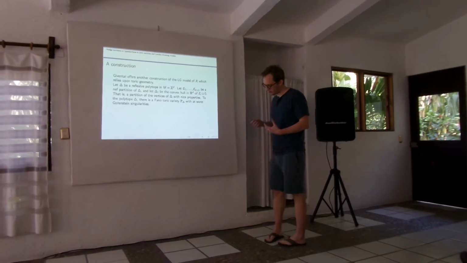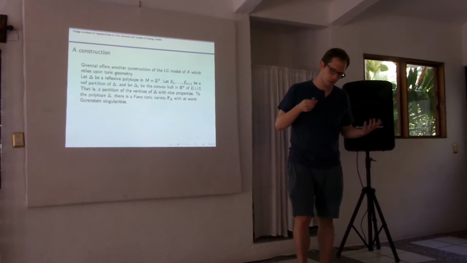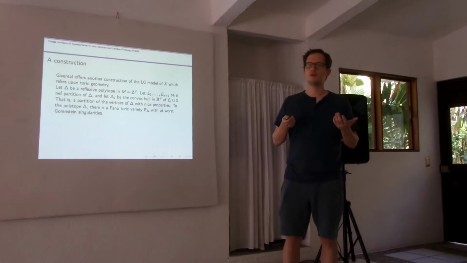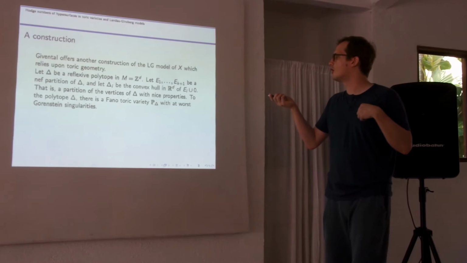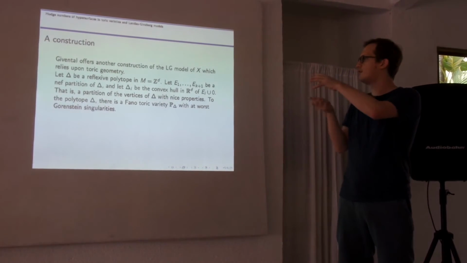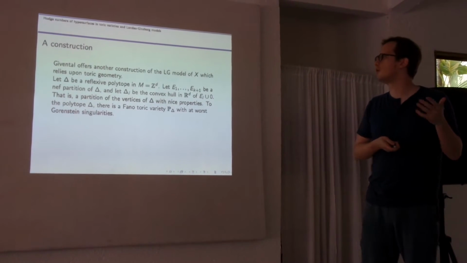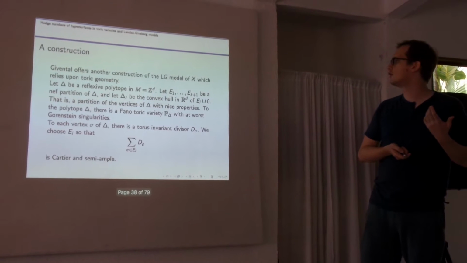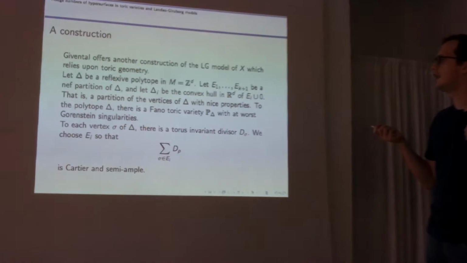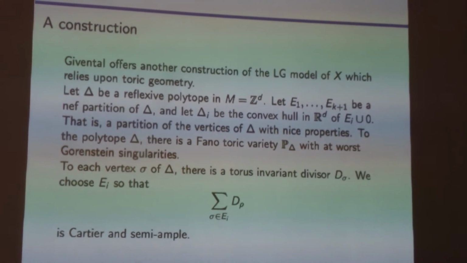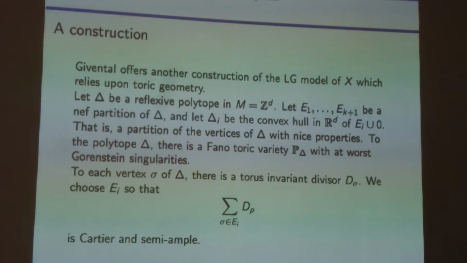In terms of the geometry of toric varieties, as I said before, for each reflexive polytope delta there is a toric Fano variety called P_delta. This has bad singularities, or possibly not that bad, but not so nice singularities. And to each vertex of delta there is a torus-invariant divisor in P_delta.